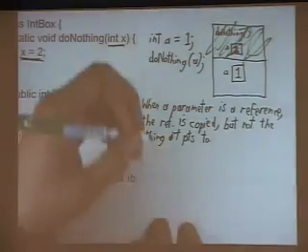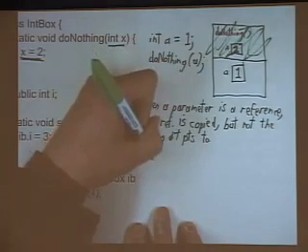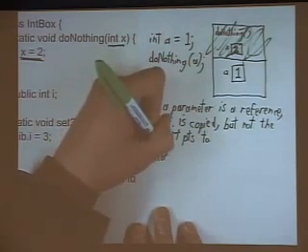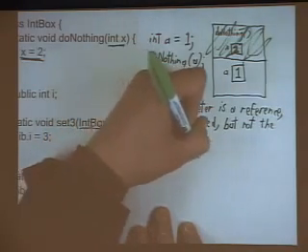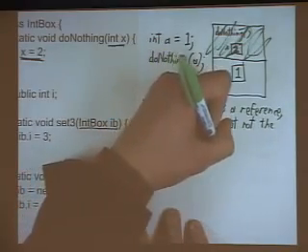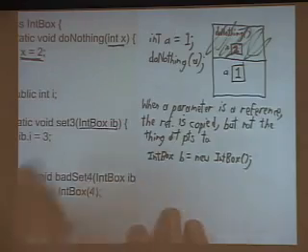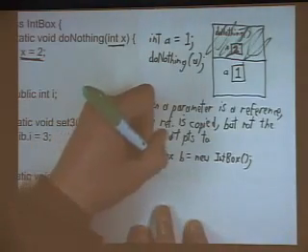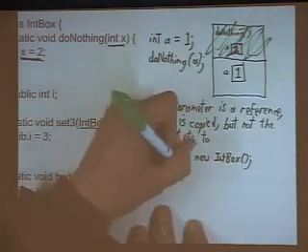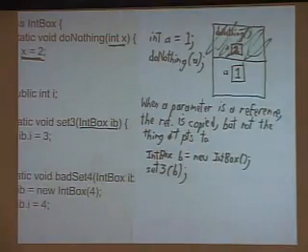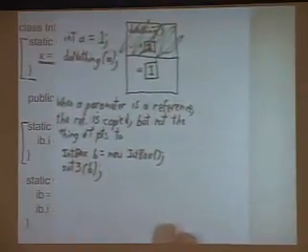So here's another example of code. I'm going to say intBox b equals new intBox, and create a new intBox object. And then I'm going to call the set3 method on that intBox. And let's watch on the stack what happens.